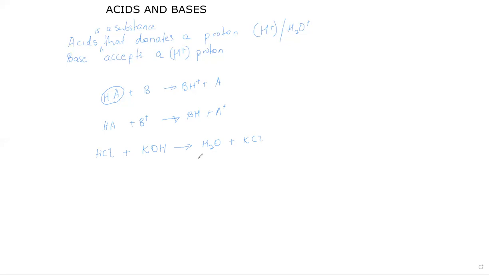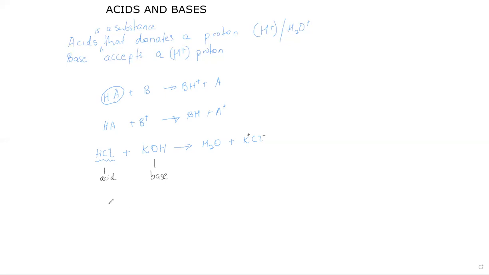Now, I hope you appreciate that this substance here has a potential to donate a proton. Therefore, by definition, it is an acid. This one is the base. Now, this one just becomes a spectator ion. It's not taking part there.